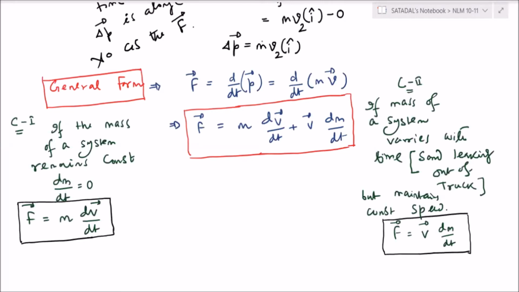Have you seen the sand truck? Yes, sir. So when the sand truck moves on the road, sand keeps on falling from the truck, no? Yes, sir. So total mass of the sand on the truck will be same or it will change? It will change or it will remain same?